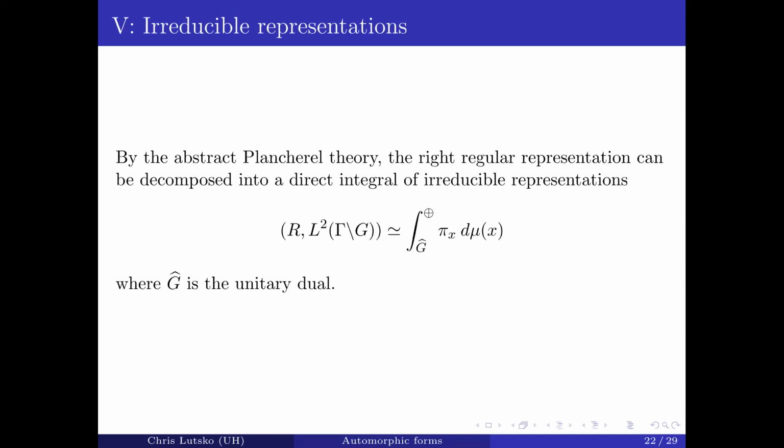Here, in infinite volume, there is no trace formula. It's impossible to write down a nice spectral decomposition. But what we do have is the abstract Plancherel theory, which tells you that the right regular representation can be separated into its irreducible components.